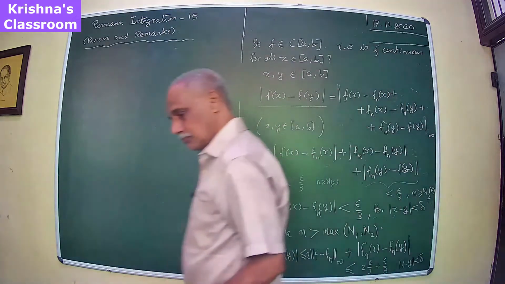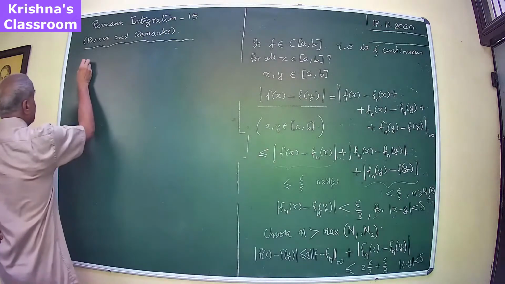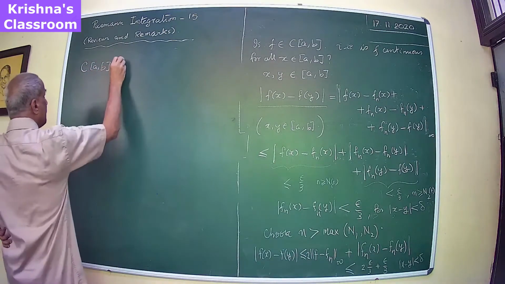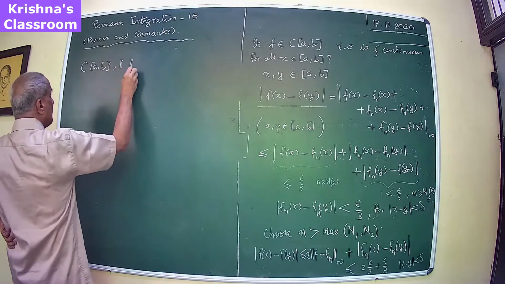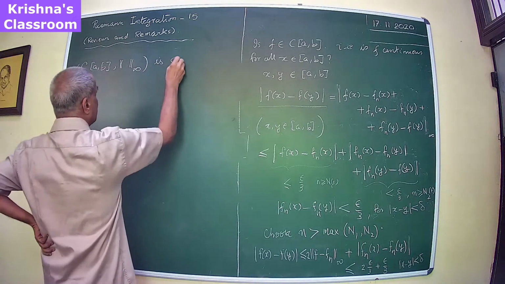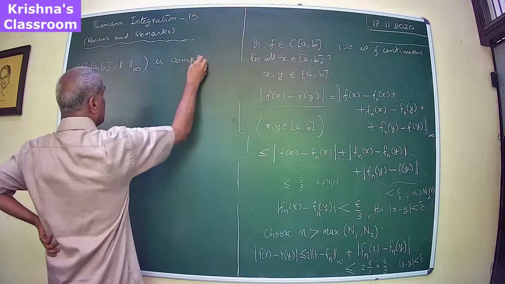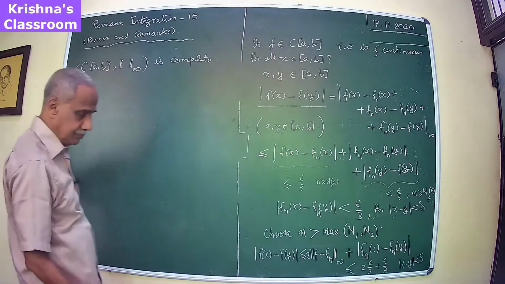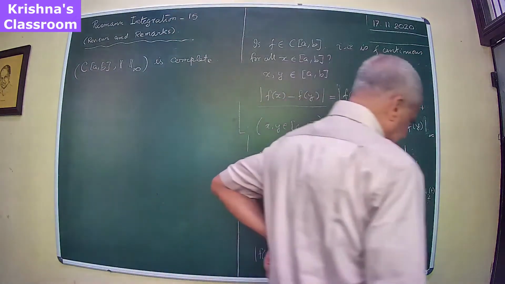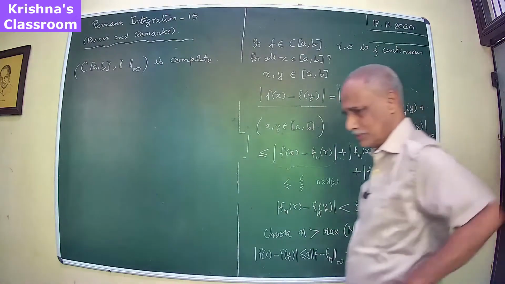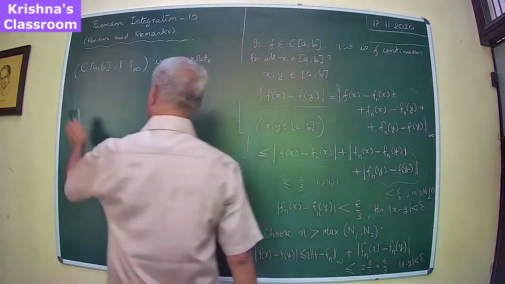So we see that C[a,b] is complete. Okay. So it's a complete metric space, but it has nothing to do with the integral that we have to use. Right?